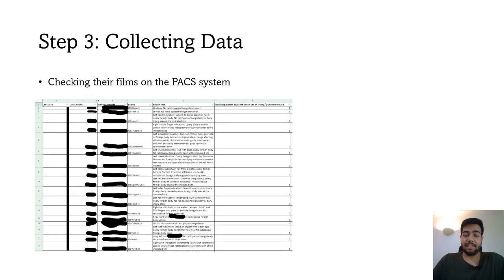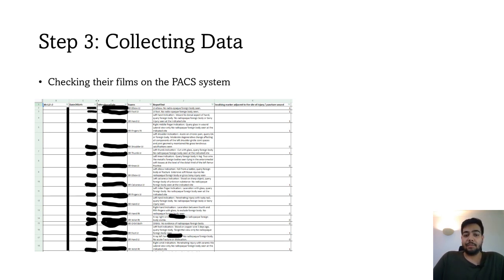This was the Excel sheet which I got, and it contained details of the patient's name, which I took off because I didn't need that. Then it had details of their date of birth. I took that off as well. Their gender, whether it was male or female, and I coded male as 1, female as 2. Then the sheet had details about attendance date. It had details about the examination or the radiographic examination they had.